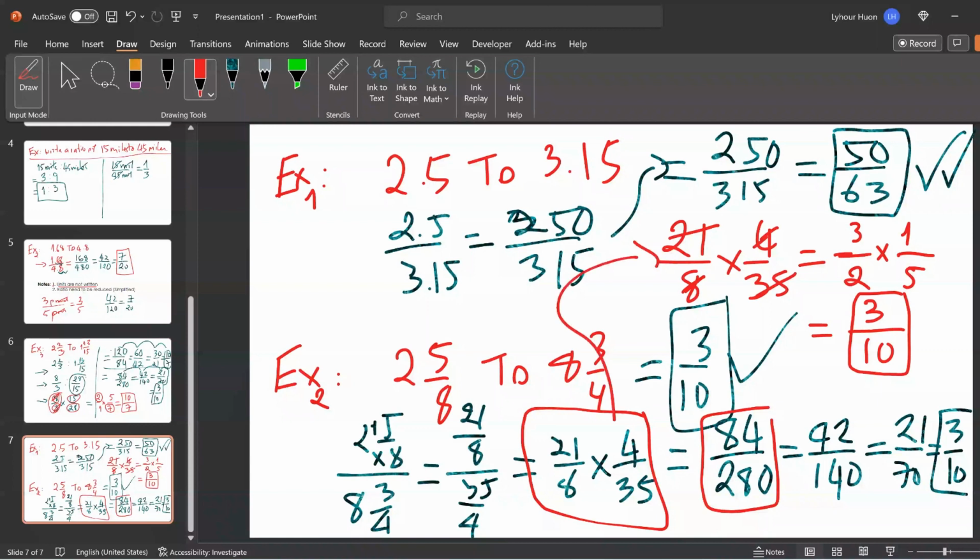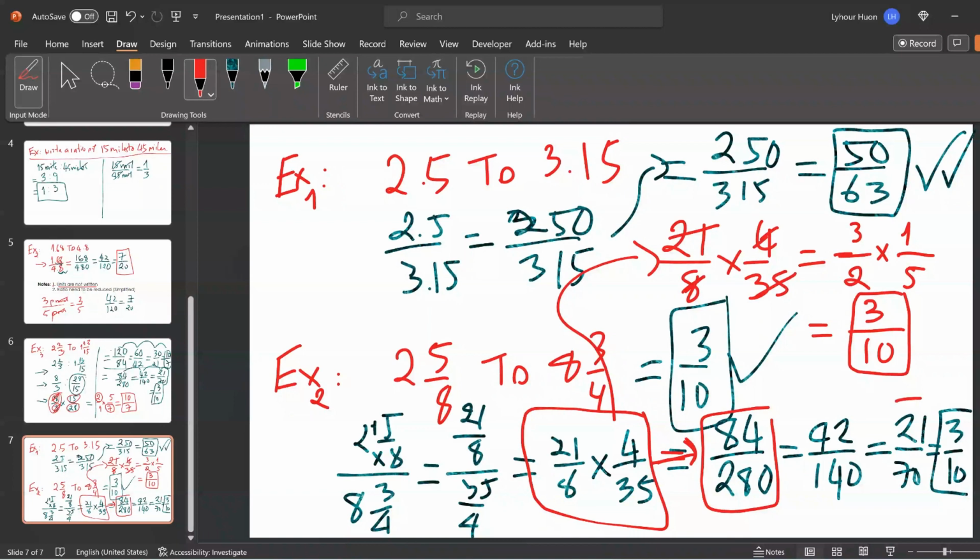Yeah, we can start here or we can go this way. Both ways are correct, but sometimes you don't want to deal with the bigger number like this. We tend to go with the bigger number, and then we start reducing. If we do not reduce to the end, to the final answer, you get the correct answer but not the full marks.